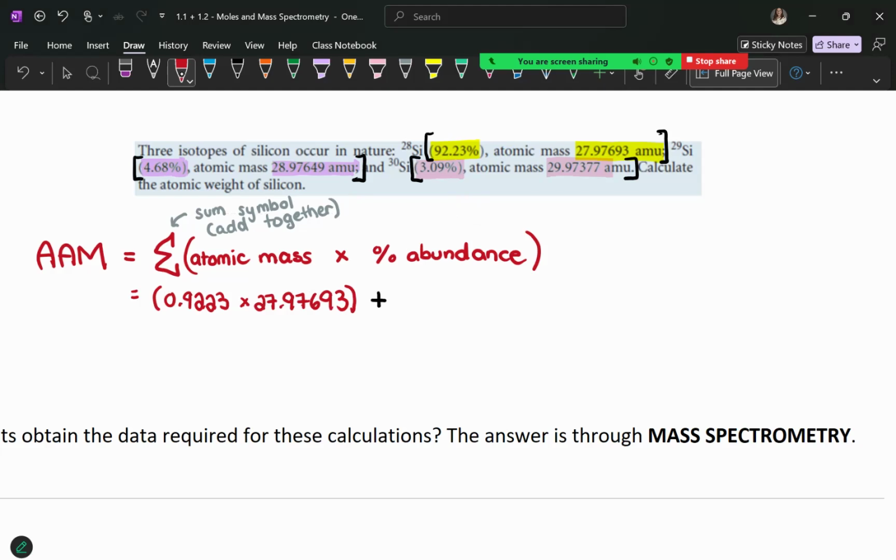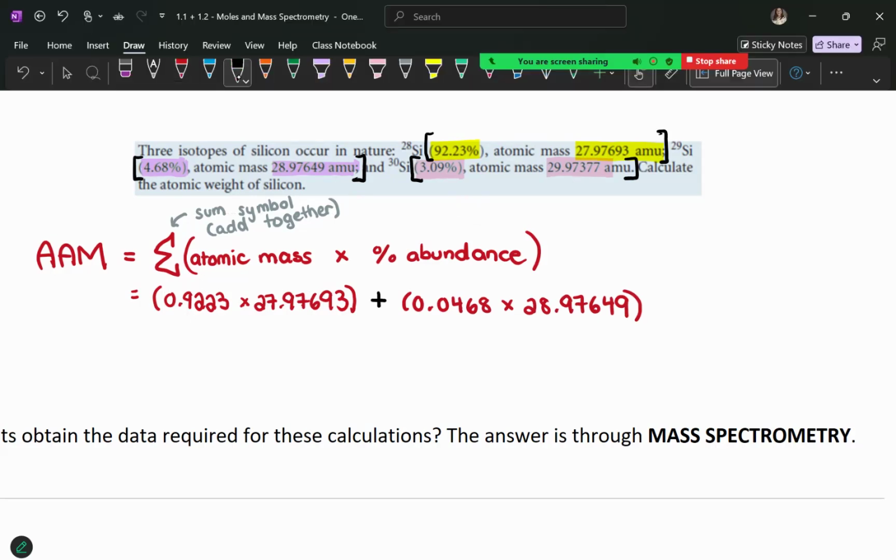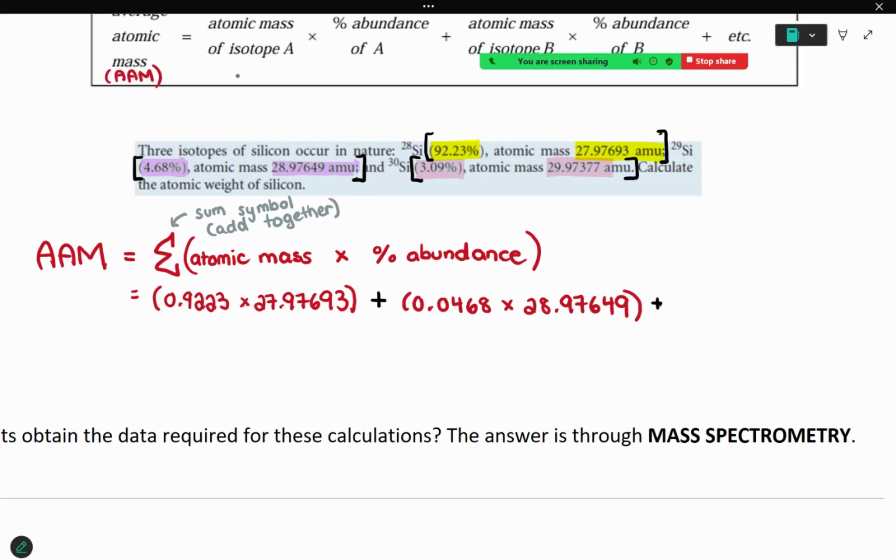So I'm going to go ahead and do that. I have 0.0468 times 28.97649. And then we're going to add that to the last isotope.